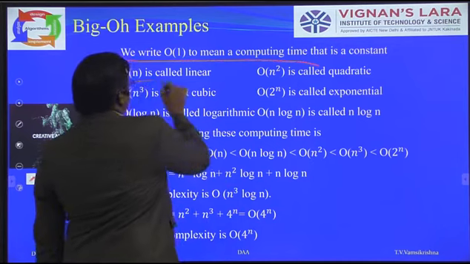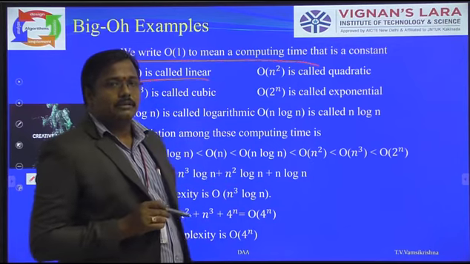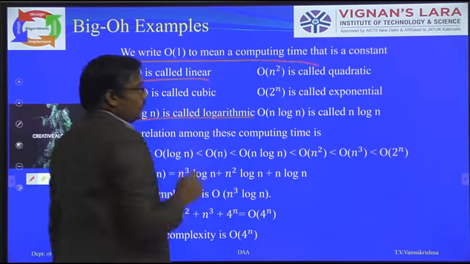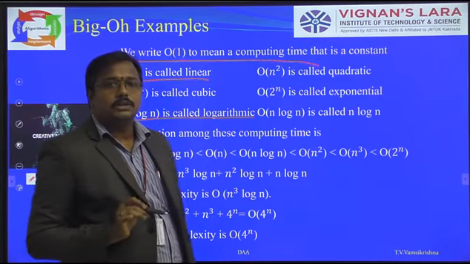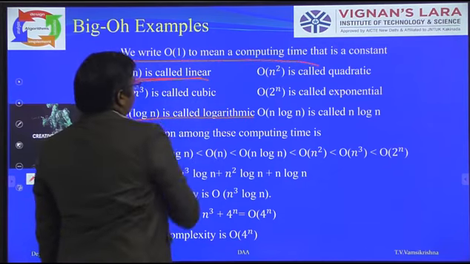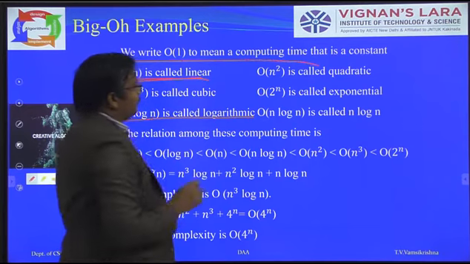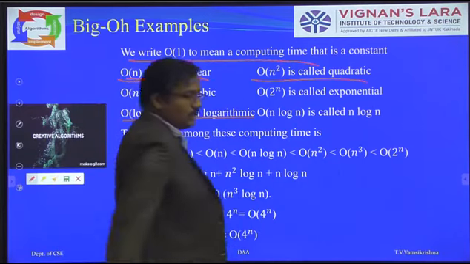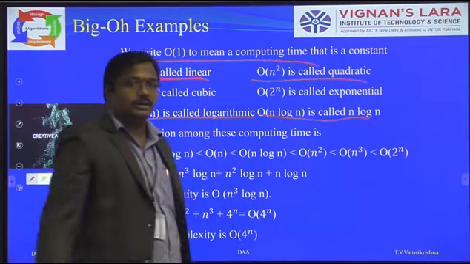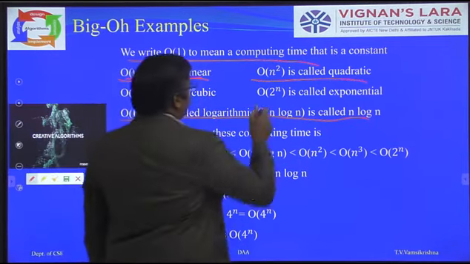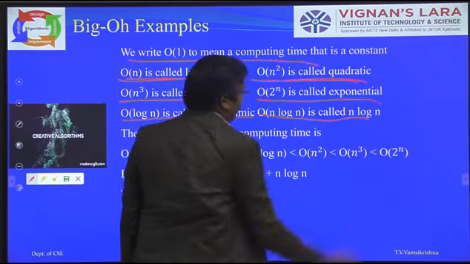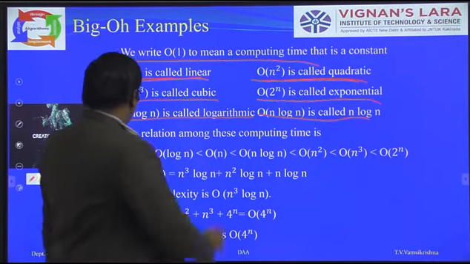The next minimum is big O of log n, the logarithm. After that, big O of n is called linear time complexity. Next, big O of n log n, then big O of n square, that is quadratic. After that, big O of n cube called cubic. Big O of 2 power n is called exponential. So this is the order.